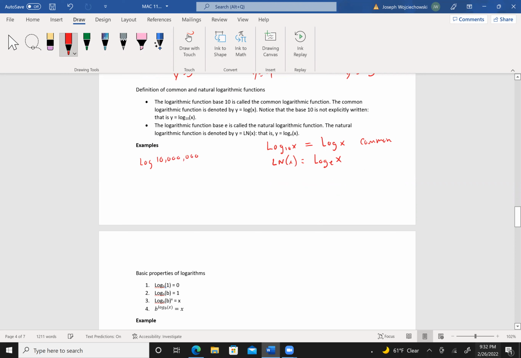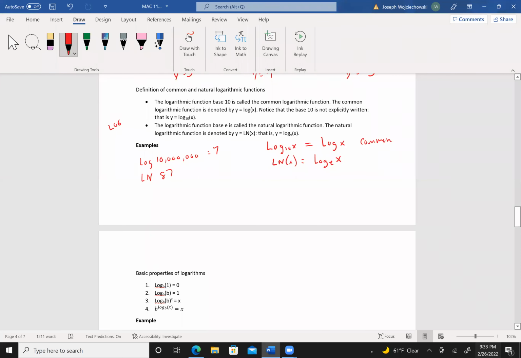If you look on your calculator, there should be a log button. Simply hit it and plug in our 10 million, and you should get 7. We can take the natural log of 87.